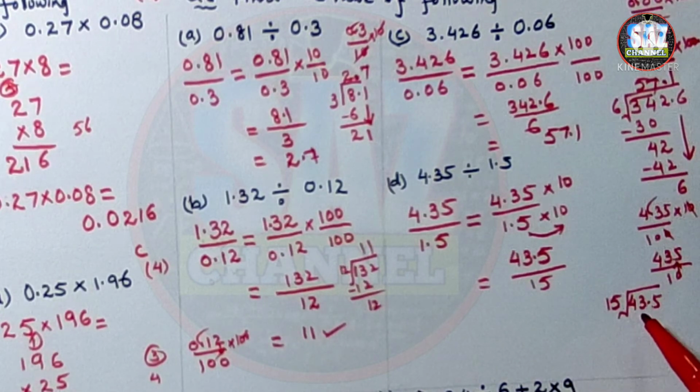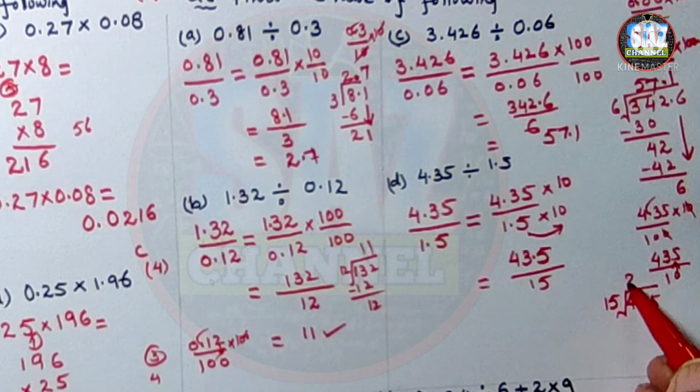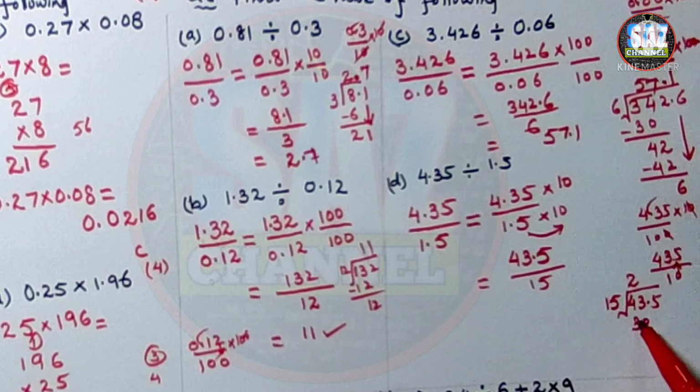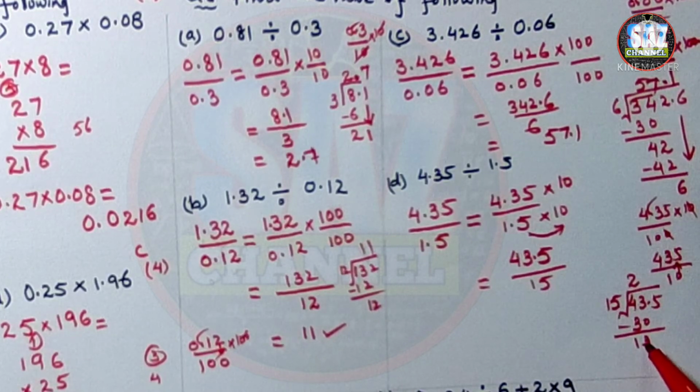Table of 15, that can give me either 43 or the number which is closest to 43. 15 2s are 30 and 15 3s are 45. Okay, 45 is big, so 15 2s are 30 is suitable. 30, and then 3 and 1. Again, 13 is less than 15.